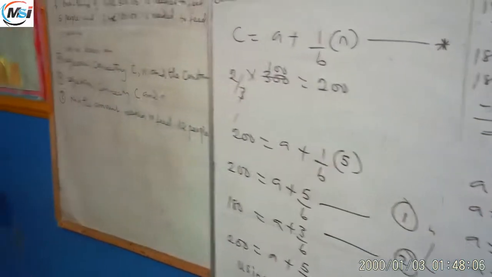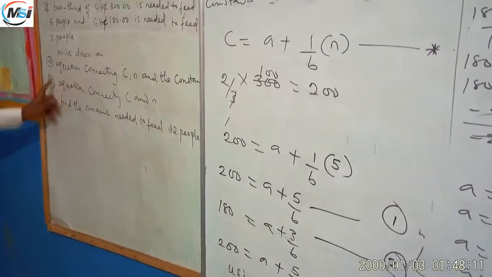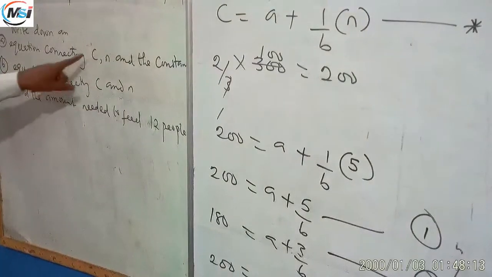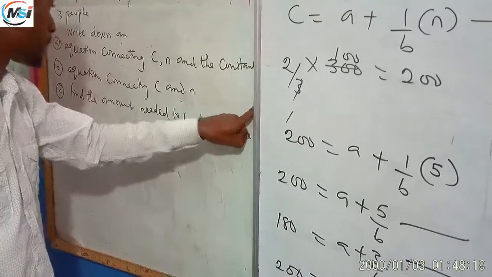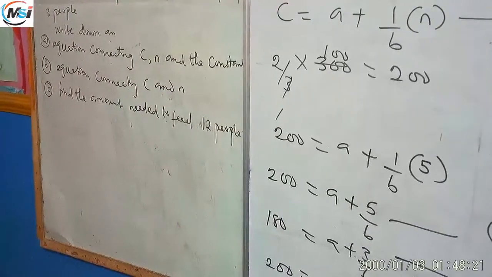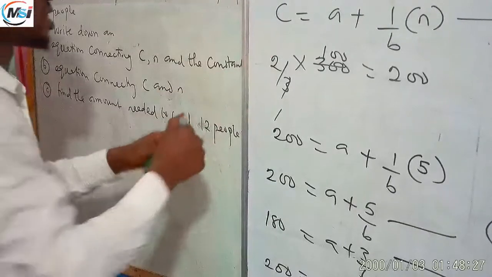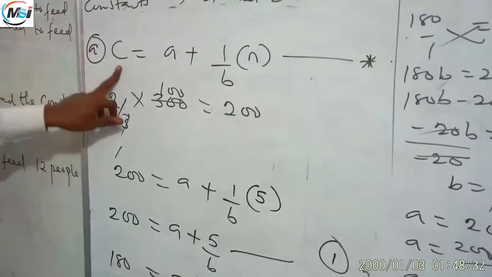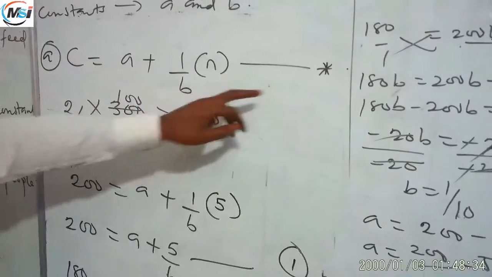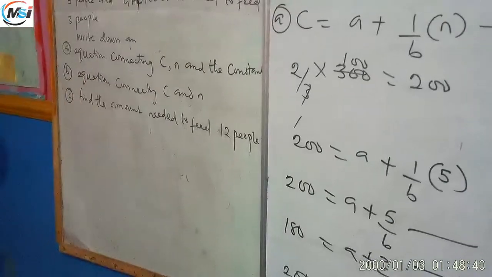Now, let's go to our final question. So we've gotten all the necessary values we needed. Write down an equation connecting C, N, and the other constants. This is the first answer to the question, which is question A. Why that of question B?